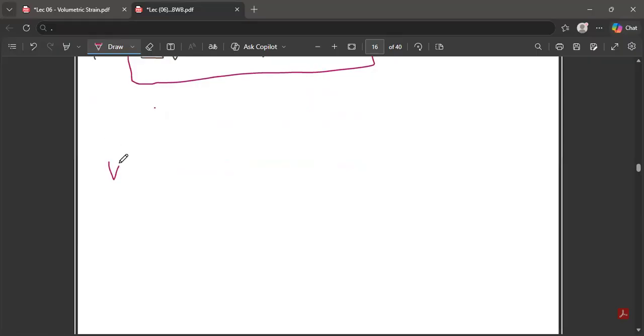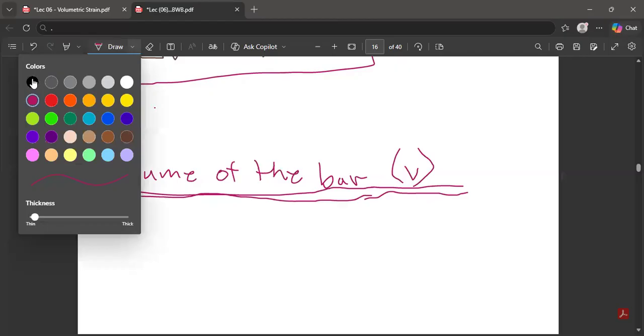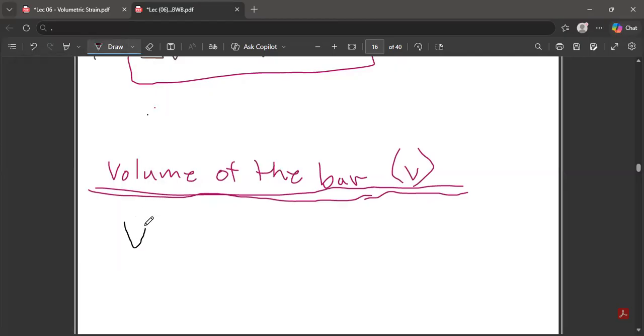The volume of the bar, V. Then from here, I can say that my V is equal to the length times the breadth times the height. From here, it's just a matter of substitution.